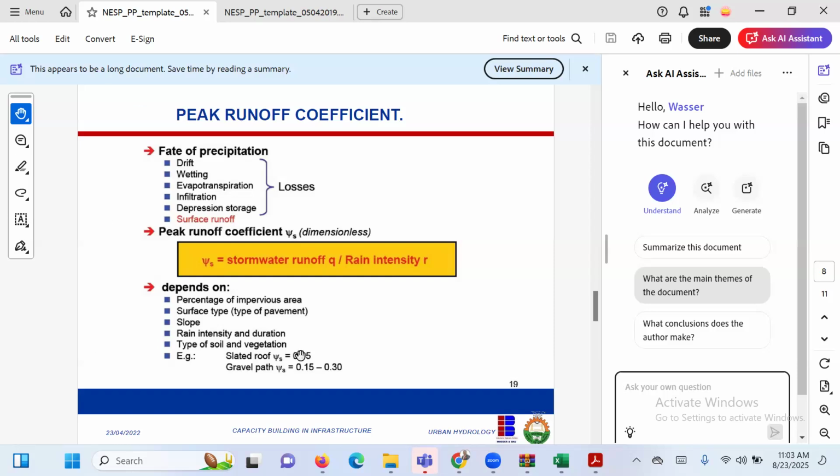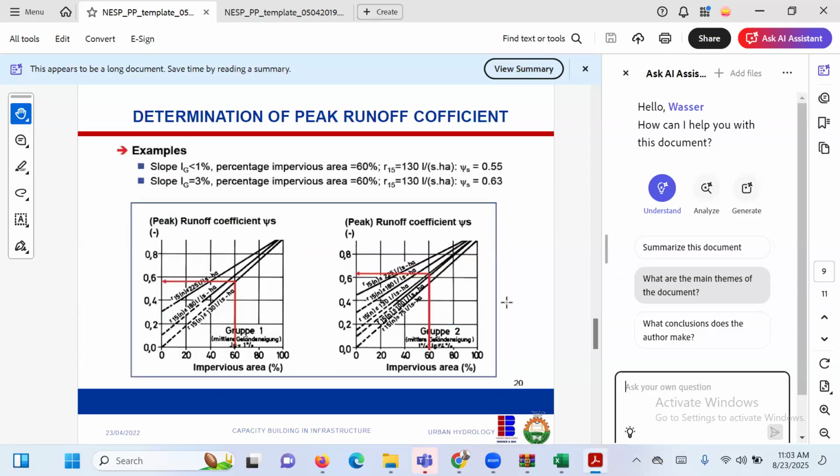That's what this place is talking about. So you can see that not every material generates the same runoff. Very important. So this chart now is trying to demonstrate how slope affects runoff. The summary of it all is that the higher the slope, the higher the runoff.